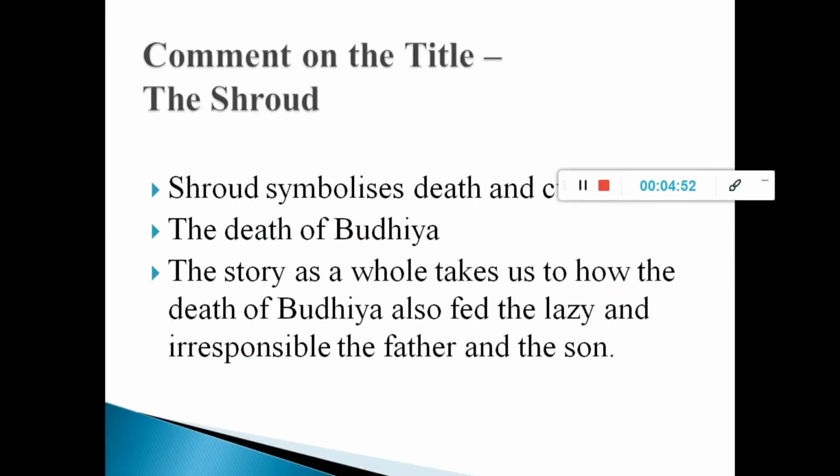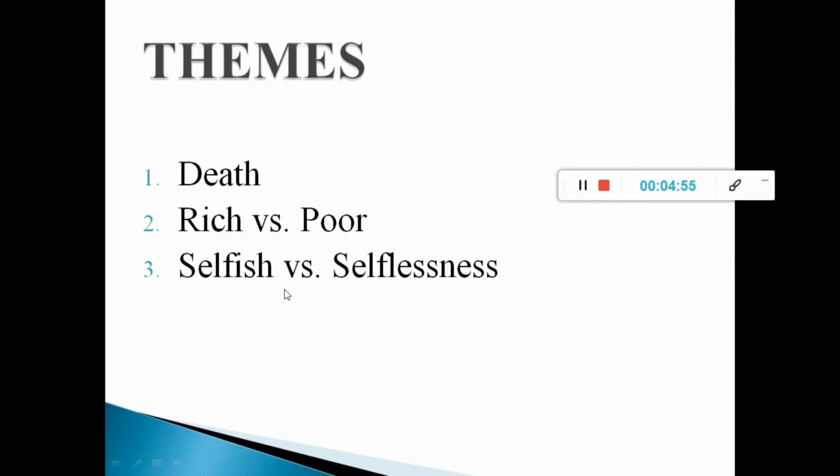Now we come to the last theme of the short story: selfish versus selflessness. Selfish represents Madhav and Gisu, the father and the son, who were very selfish, who just earned 2 rupees to buy a shroud for Budhiya after her death, to do the ceremony, the rituals, the final rites.